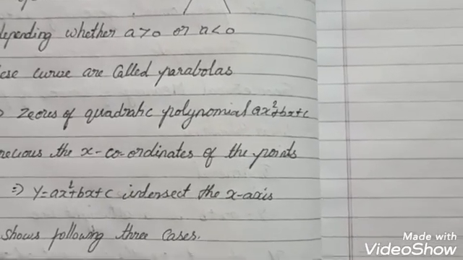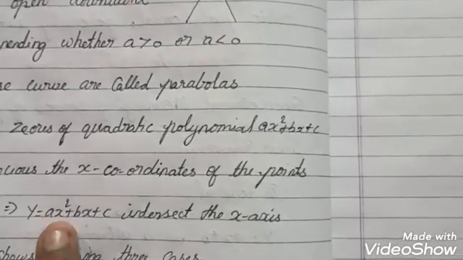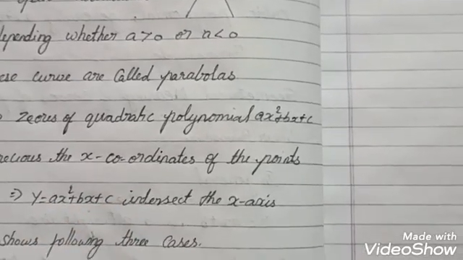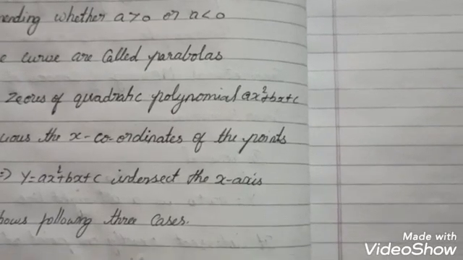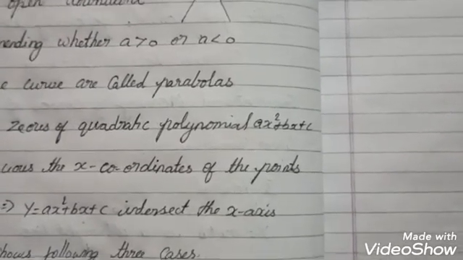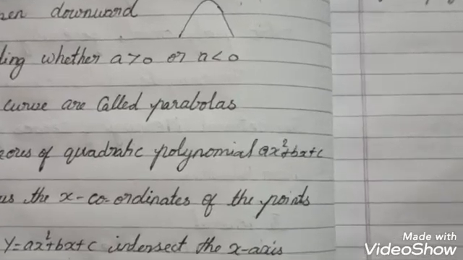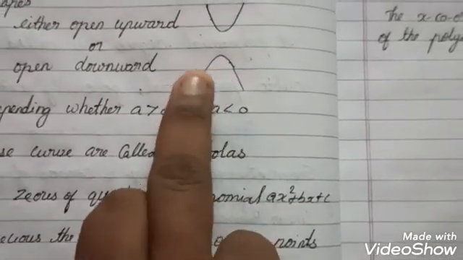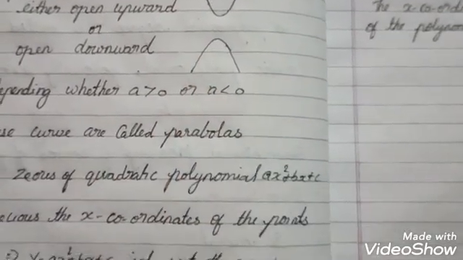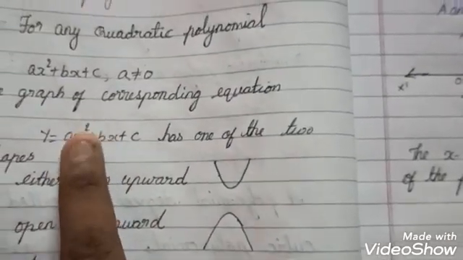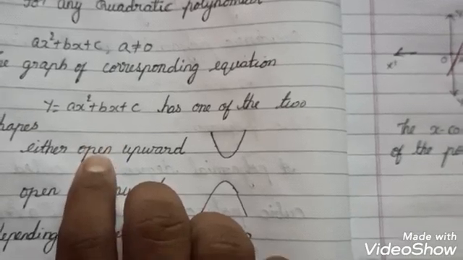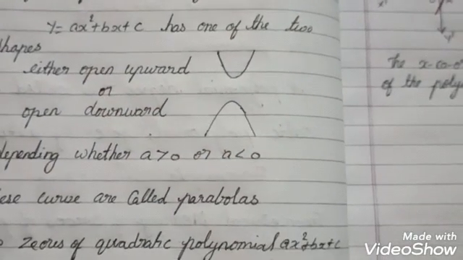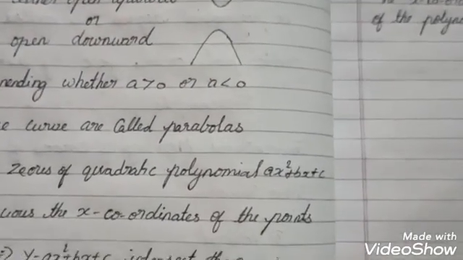The same way, y equal to ax square plus bx plus c is one of the equations. It intersects the x-axis and shows the following three types of cases, because it may cut at 2 points. Since the degree is 2, you can have 2 zeros of the polynomial. So there are 3 cases.